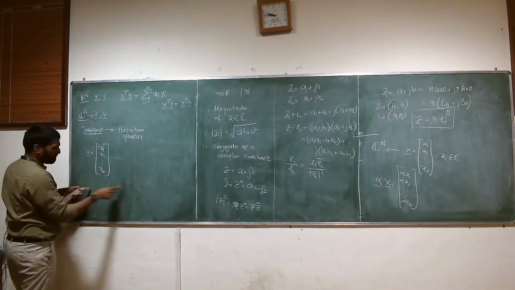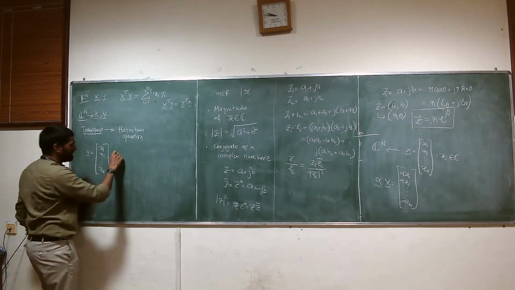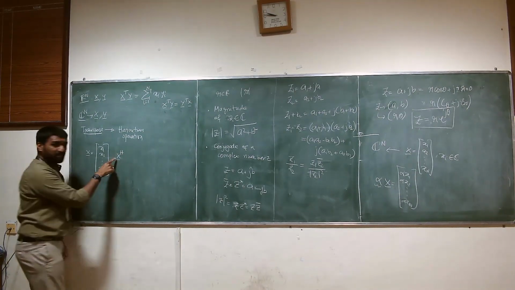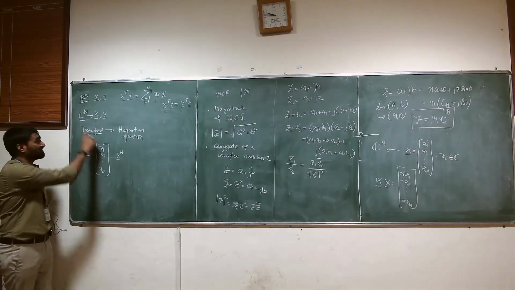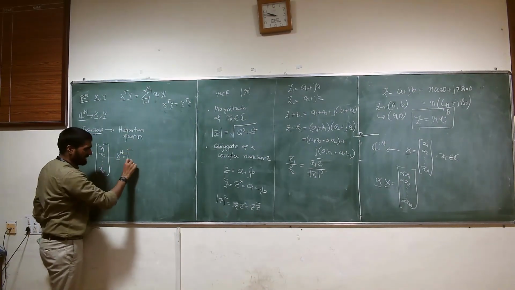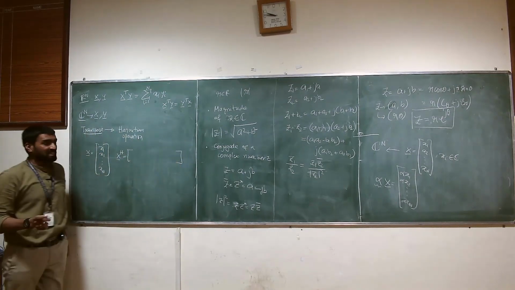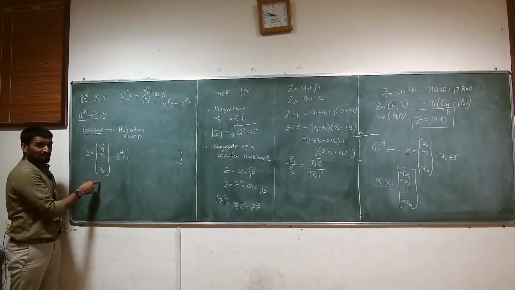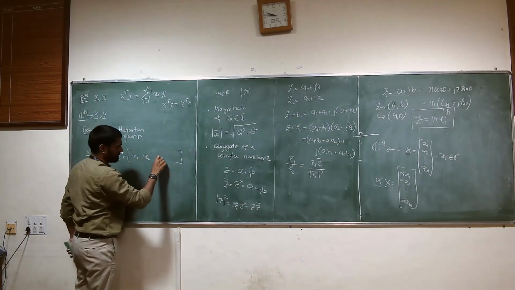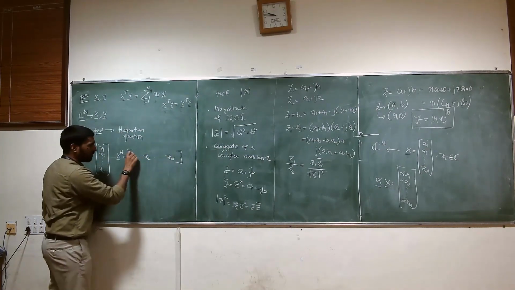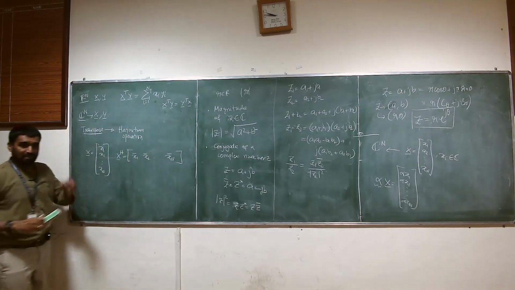X transpose was simply a row vector, right? X Hermitian, where x is a vector from Cn, is a row vector, but with one change. You don't just write x1, x2, you write x1, but you also take their complex conjugates.